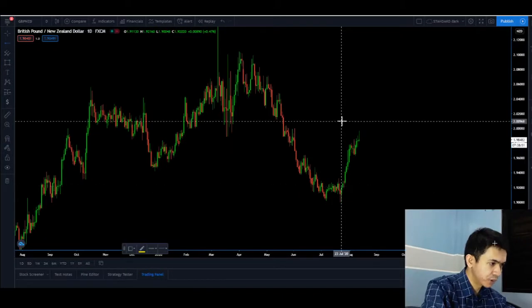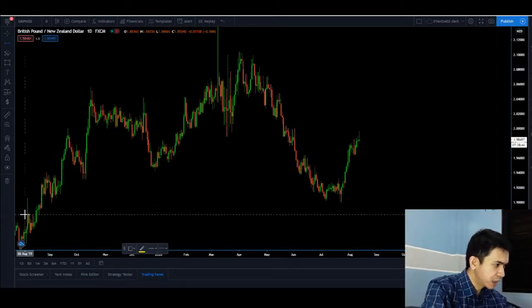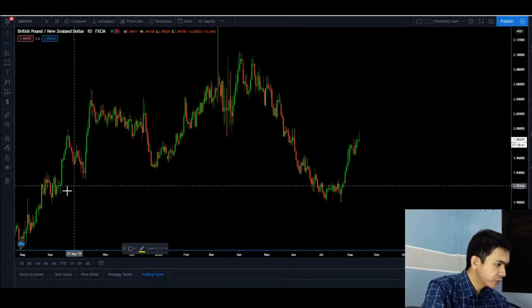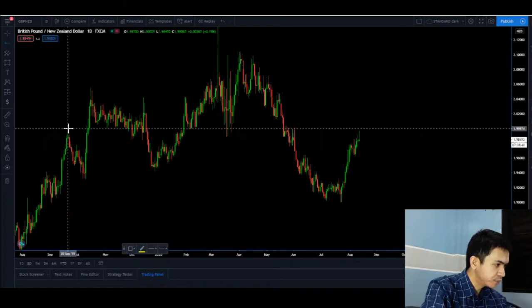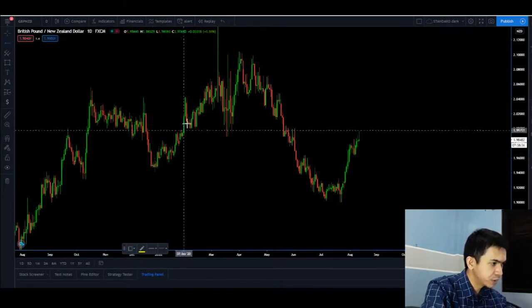If we analyze based on market structure, the price went from a low to a higher high, higher low, higher high, higher low, higher high.